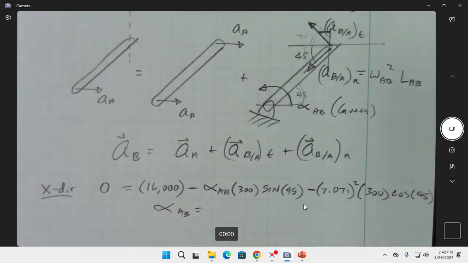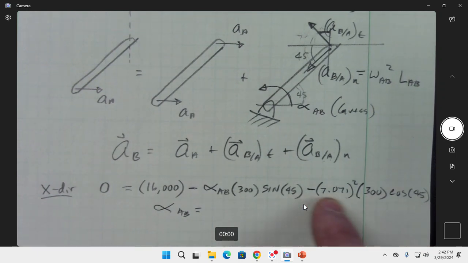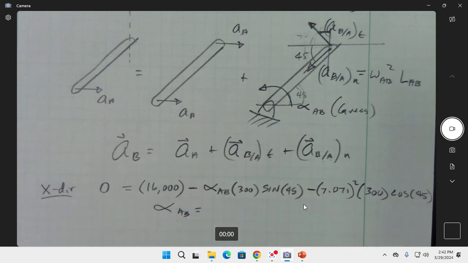Alpha AB. Let's see. All right, so I'll start out with my 16,000. Should have used that guy right there. I'll flop him around and go square him. Square, where'd you go? Square, there, square. Ooh, turns out to 50. Okay, that's good. Okay. 300. Boom. 45.